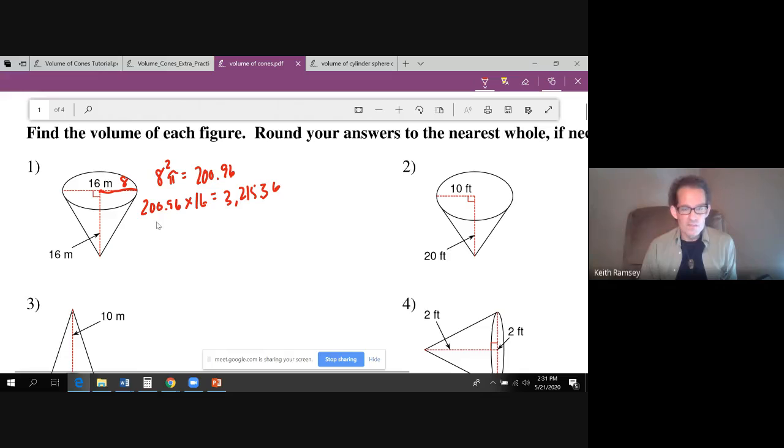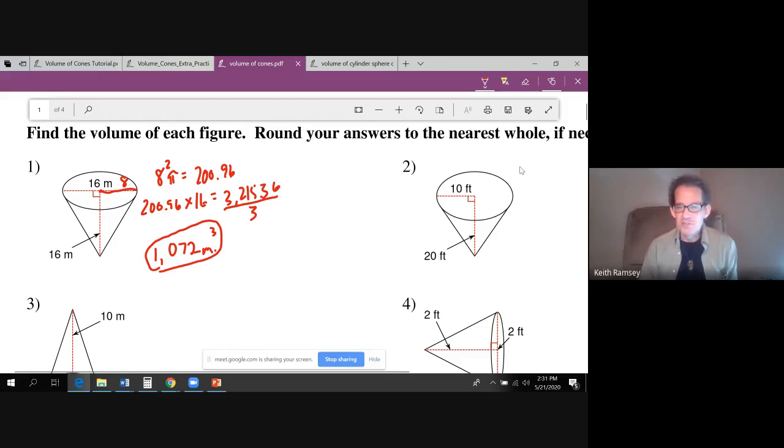And then I want to divide that by 3 to get the volume, which is 1,071.7. Let's round that up to 1,072. 1,072 cubic meters for number 1.